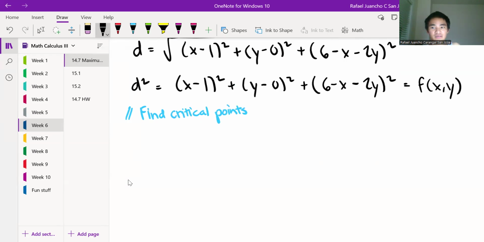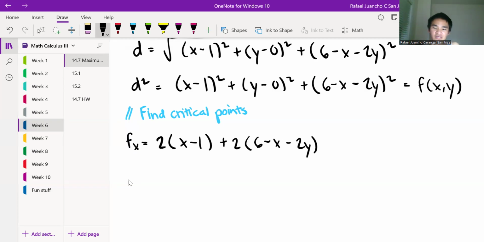So let's go ahead and take f sub x. Here, I treat this as a variable. I get 2 times x minus 1 times 1. This is 0. This is plus 2 of this thing, whatever's inside. And then I do a chain rule, so I get -1, so I get that minus here. Right.